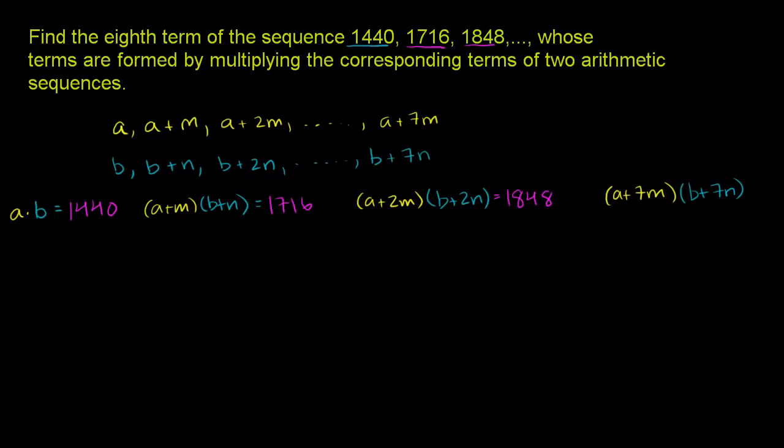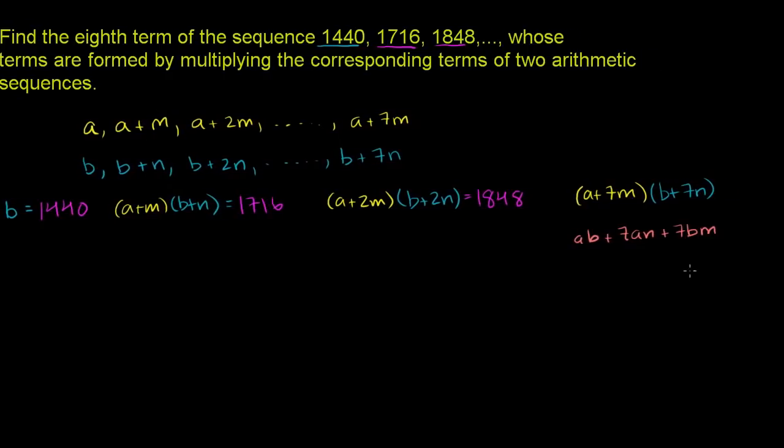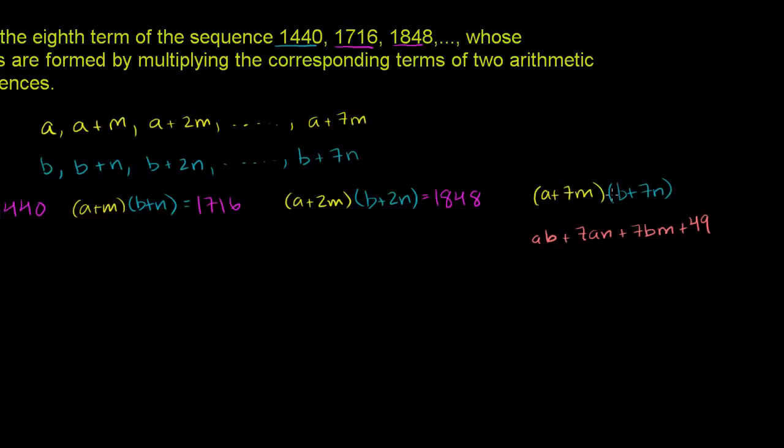So the eighth term in our sequence is going to be, I'll do this in a new color, let's just multiply these two binomials out. a times b is going to be ab, plus a times 7n, so that's plus 7an, plus 7m times b, so plus 7bm, plus 7m times 7n, so that's plus 49mn.